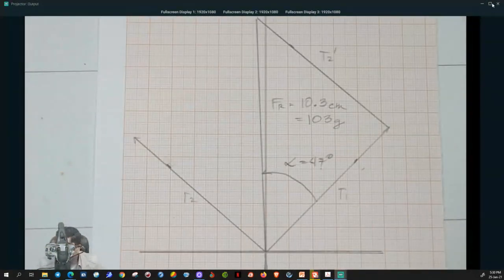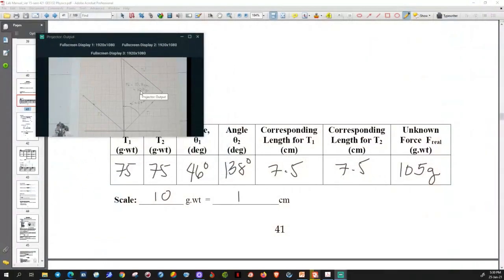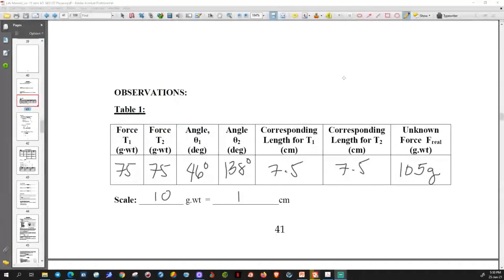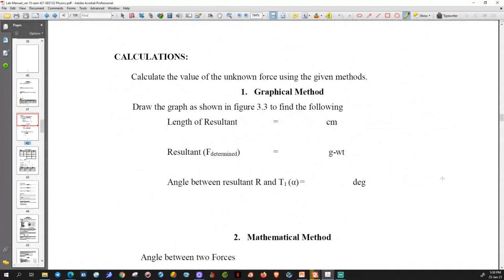Now, let me show you what to do with this value, okay? 103 and 47 degrees. Go to the lab report, and in the lab report, you have the graphical method. Simply write, oh, wait, let's remove the paper. Simply write in the resultant, where's my pen?